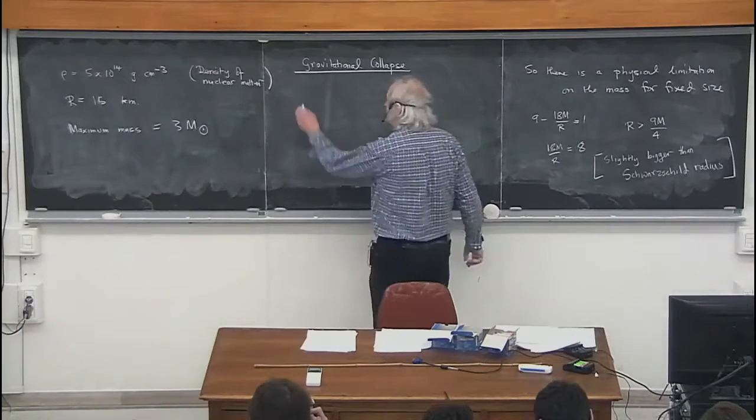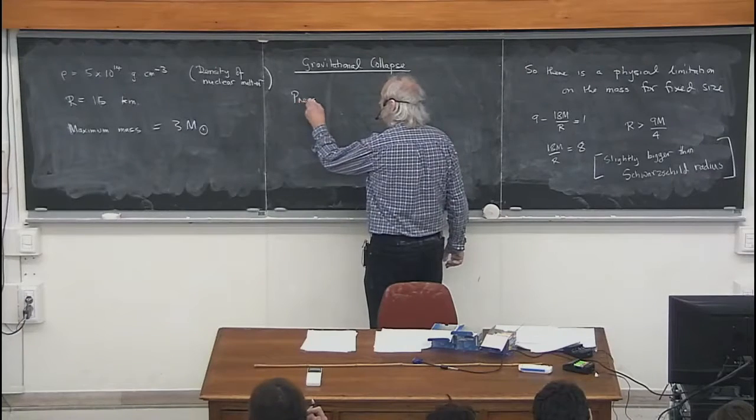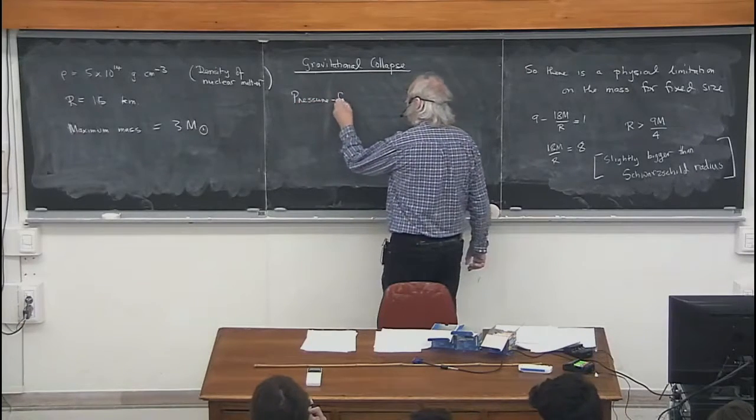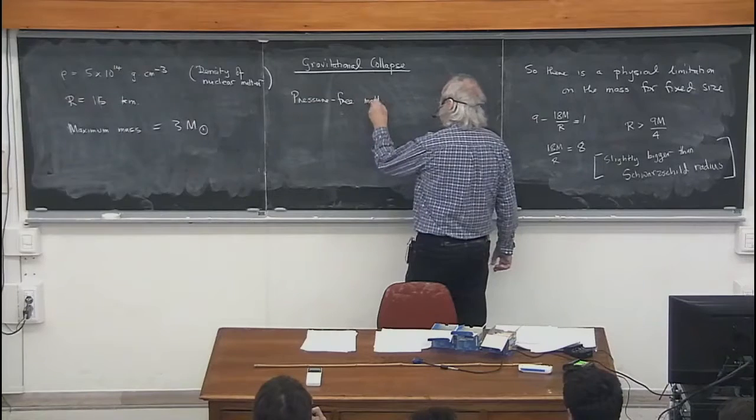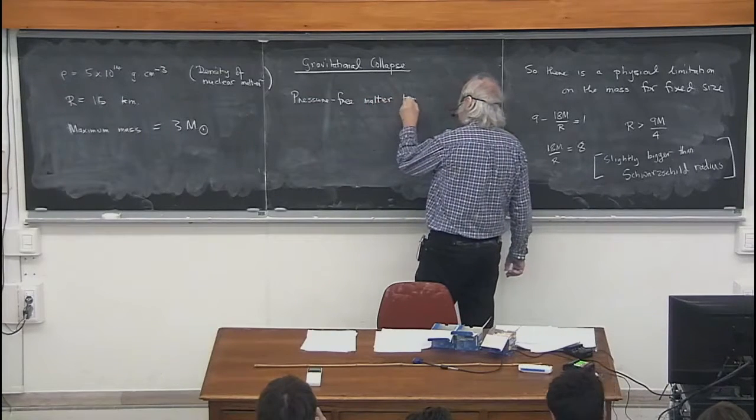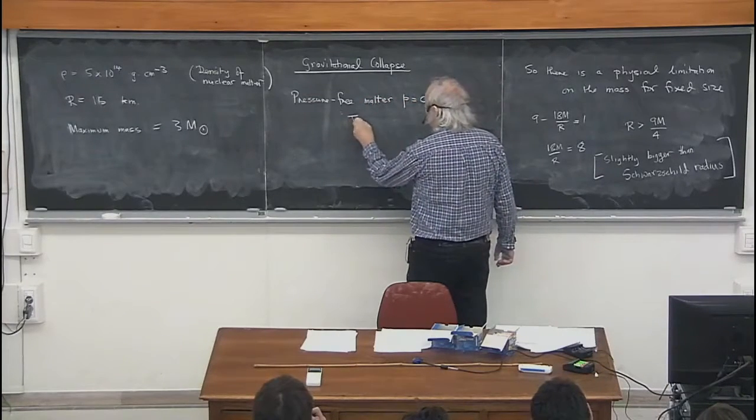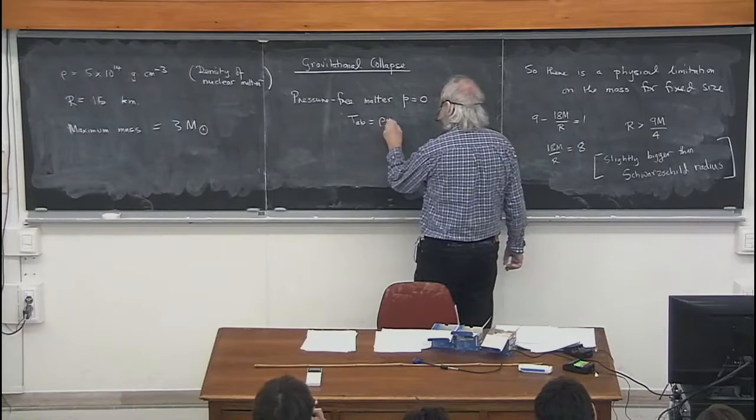I'm going to have pressure-free matter, meaning that P is equal to 0. The energy momentum tensor is then equal to rho U^A U^B.